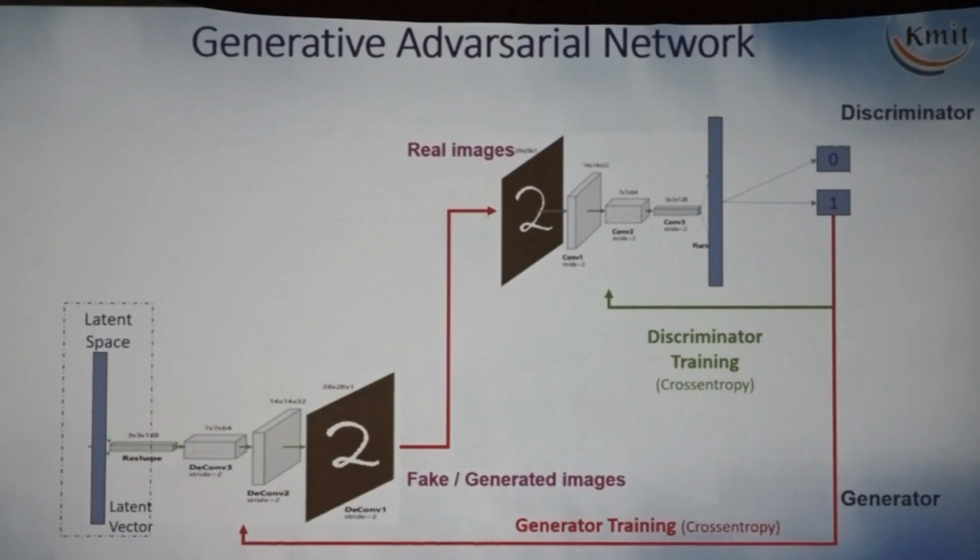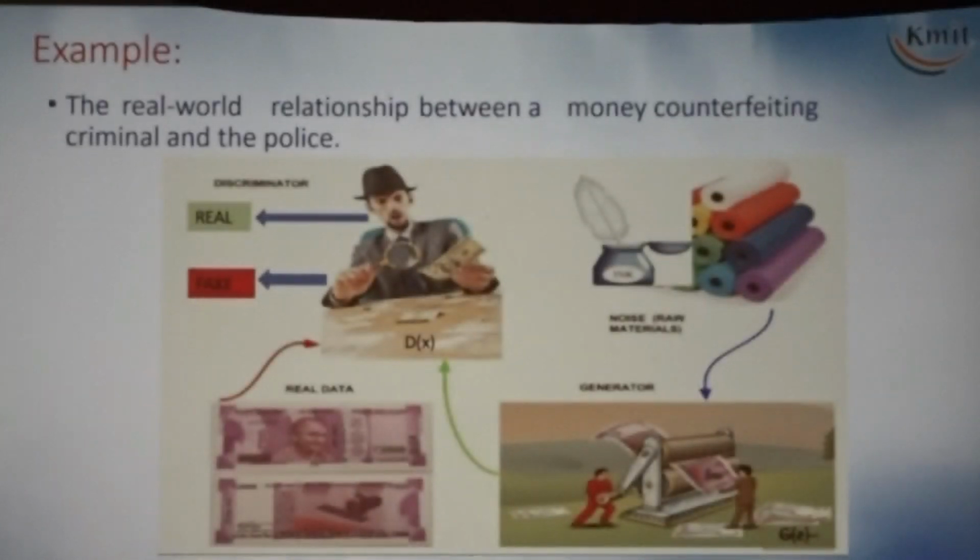Right? So, how is it? Let us see a small example, the same one I have given. The fake currency. See here, there is a printing press and there is raw material, that is ink and paper, and they are generating the currency, and the police will verify whether it is fake or real.